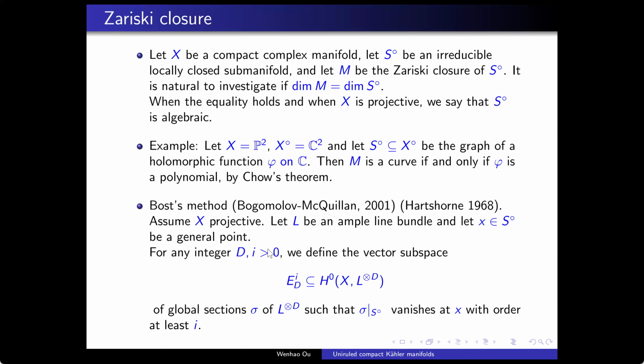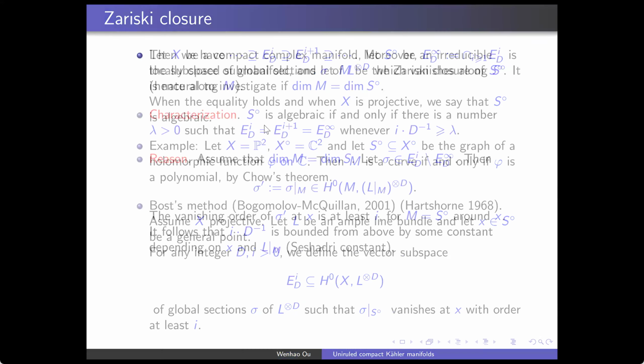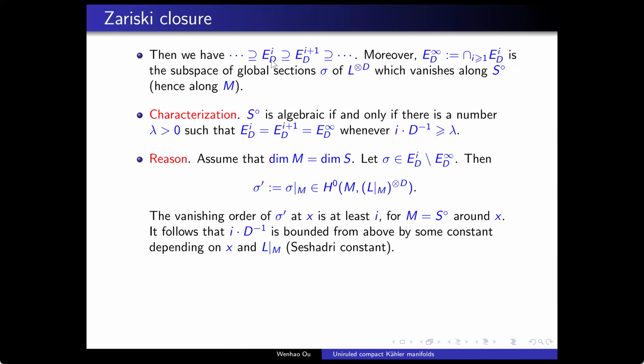So I is the vanishing order and D is the power we raise for the line bundle L. For a given D, if we increase the vanishing order, there will be fewer and fewer sections. So we have this decreasing sequence, and we can take the limit of this decreasing sequence. I will denote this by E infinity, D.